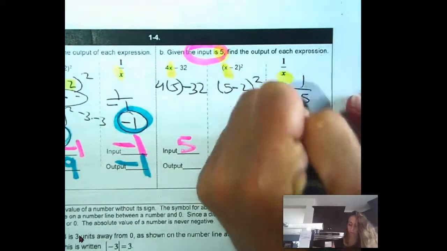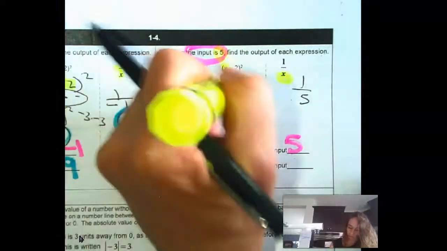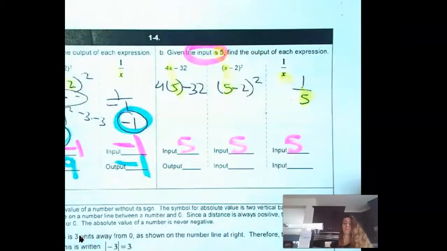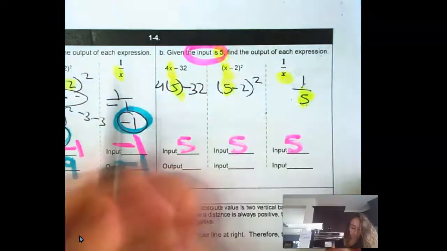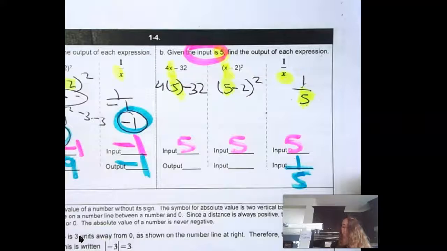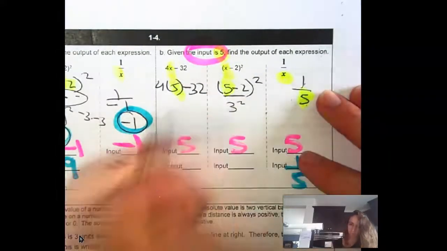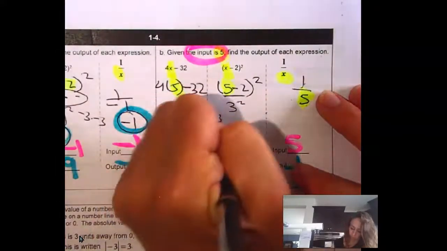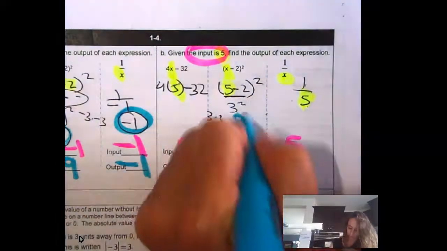And I'm going to go 1 over 5. Well, let's start here. 1 divided by 5 is 1 divided by 5. There's nothing I can do. Done. This one, do this first. 3 times 3, 9. So my output is 9.